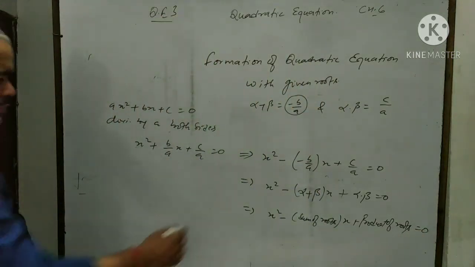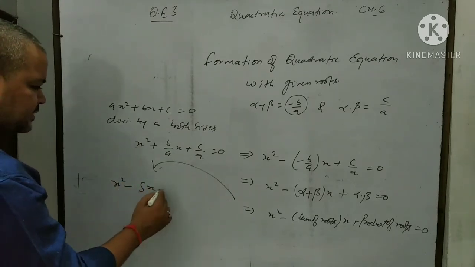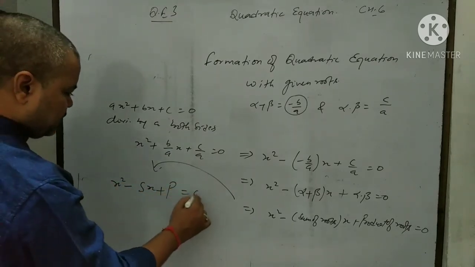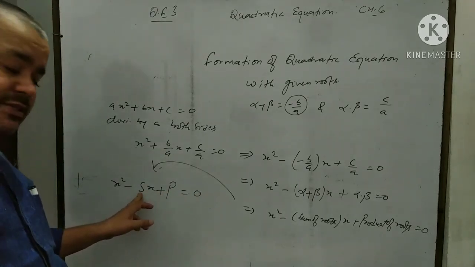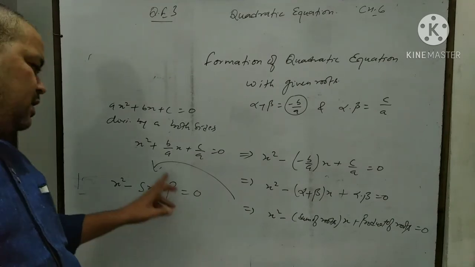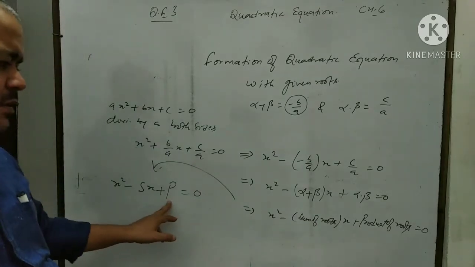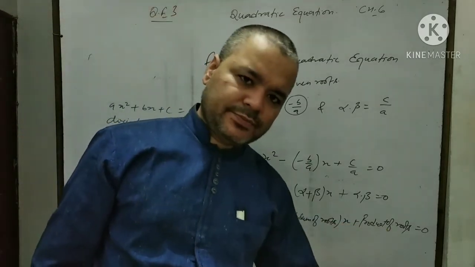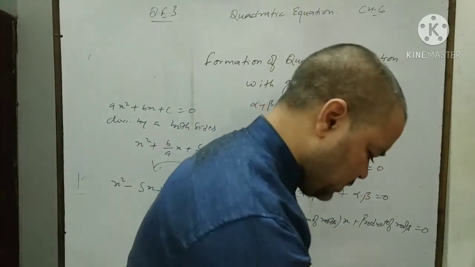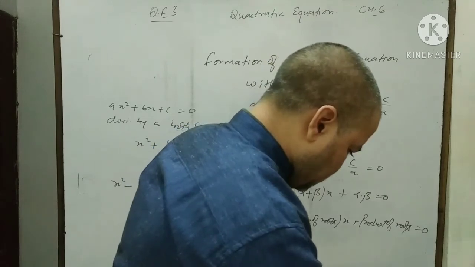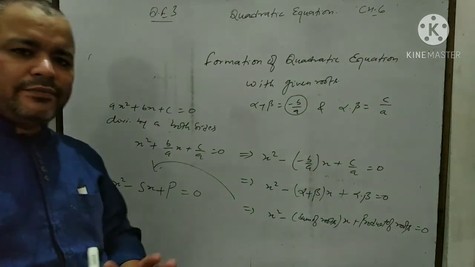In very simple form, we also write like this way: x square minus Sx plus P is equal to 0. x square minus capital S x plus P. What is the capital S? That is the sum of roots. And what is the capital P? That is the product of roots. In this way, using this concept, we can find a quadratic equation with the help of 2 given roots.